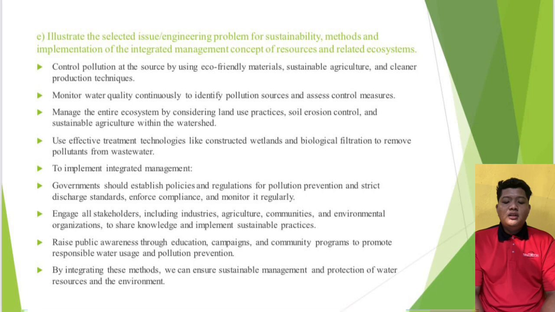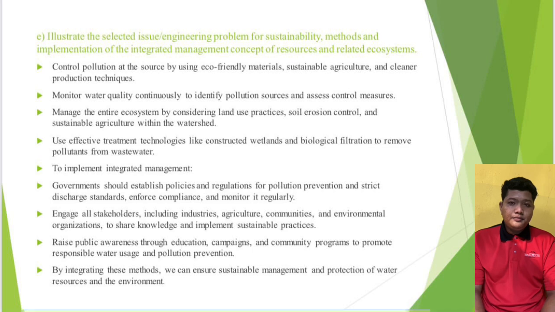Next, implement integrated management. Next, government should establish policy and regulation for pollution prevention. Next, engage all stakeholders. Next, raise public awareness through education. By integrating these methods, we can ensure sustainability management and protection of water resources and the environment.